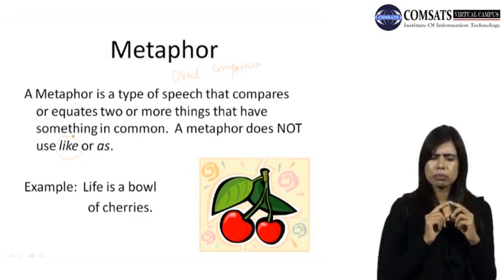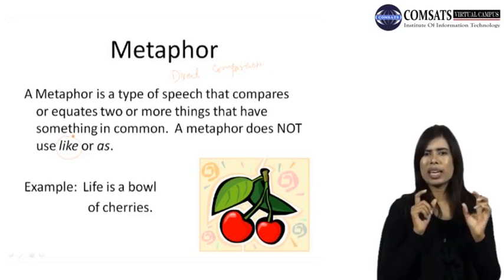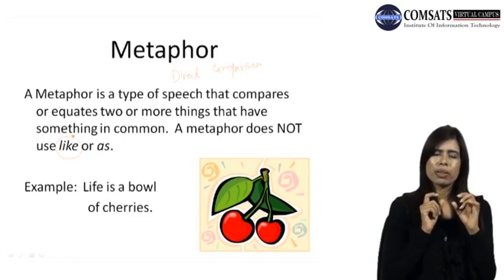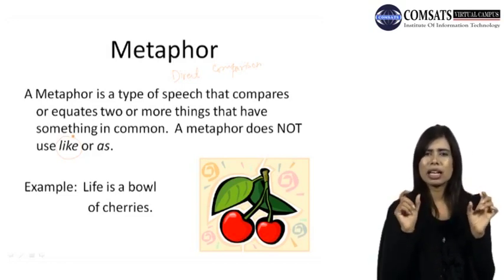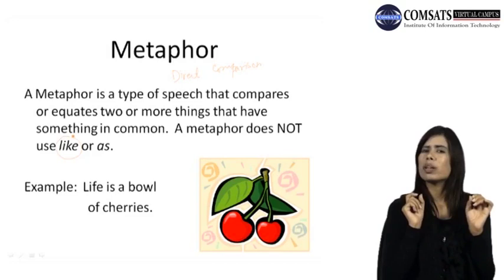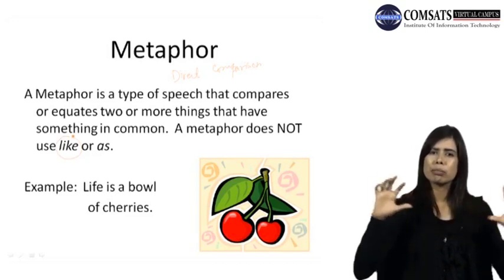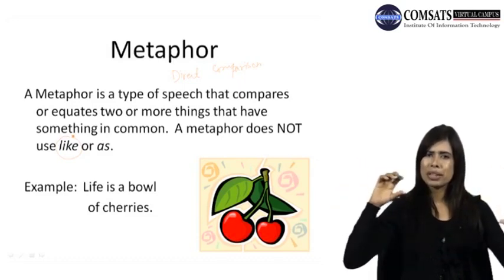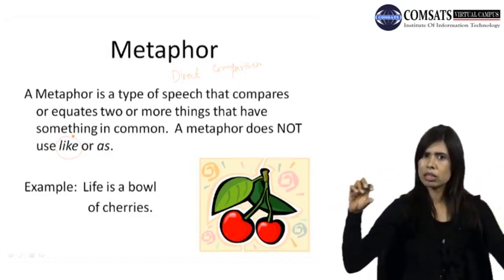For example, here is one more statement. He is a lion, okay. He is a lion and he is like a lion. What is the difference? Basically, he is brave like a lion. He has all the qualities of a lion. That means he is a lion.